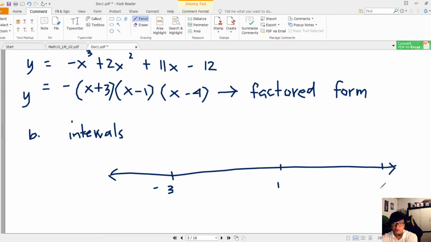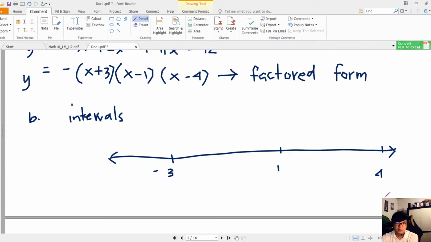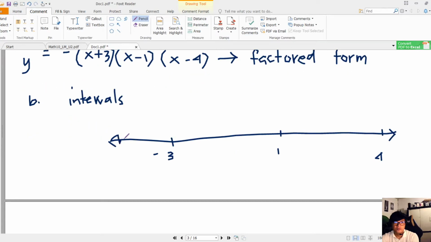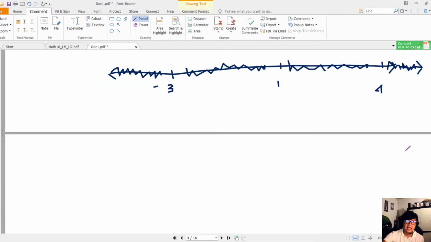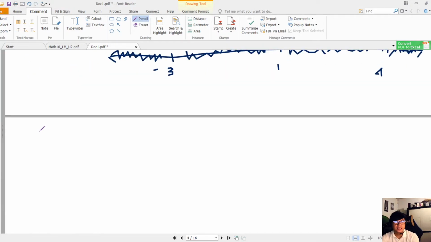Tapos ito yung 4. So, ito yung first interval natin. Second interval dito na part. Third. And 4 papunta doon. So, yan yung intervals natin. And let's proceed with letter C, the table of signs.